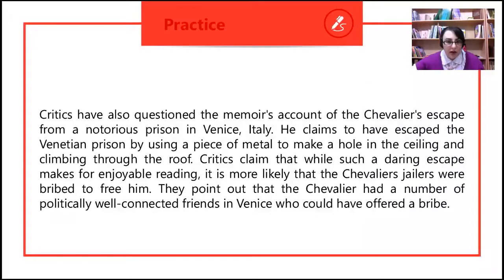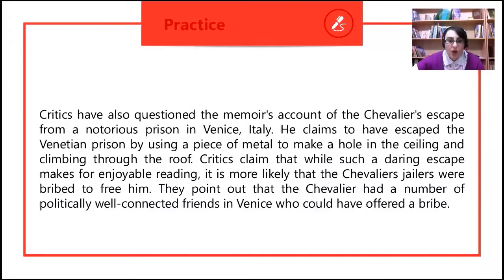Also, one small passage. Critics have also questioned the memoir's account of the Chevalier's escape from a notorious prison in Venice, Italy. He claims to have escaped the Venetian prison by using a piece of metal to make a hole in the ceiling and climbing through the roof.